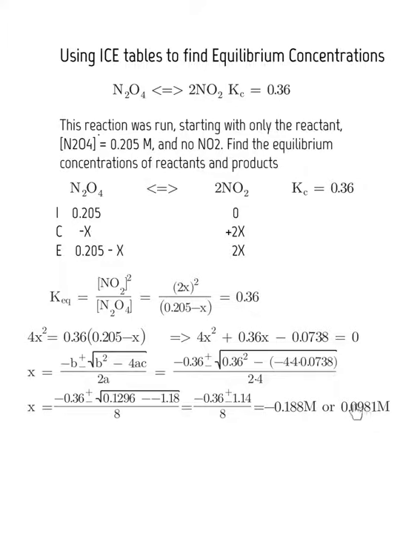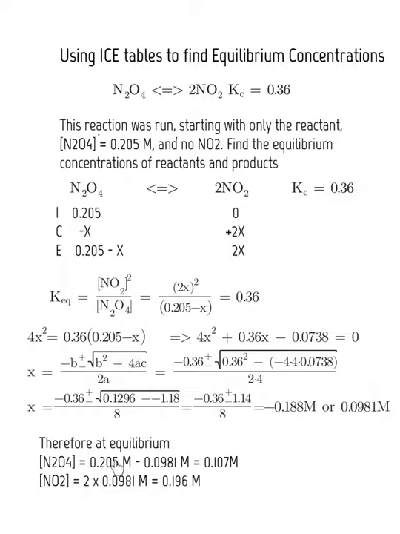It's not necessarily the equilibrium concentration. To find the equilibrium concentration, we would need to substitute X into our equilibrium expression. So here our X would be replaced by that value, and we would also replace X here by this value. And so let's see what we'll get when we do those computations.